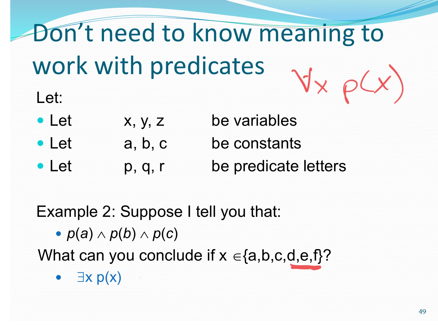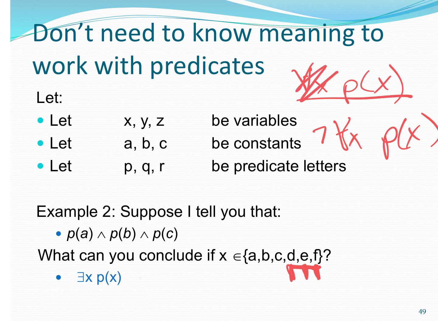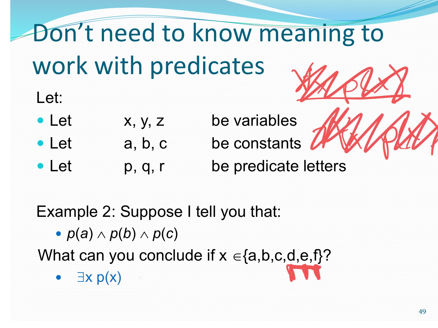So I don't know that for all X, P of X. I also don't know that it's not the case that for all X, P of X, because maybe P of D is true and P of E is true and P of F is true. I just don't know, so I cannot say these things. But what I can say is there's at least one, or even at least two or at least three things in my domain for which P of X.